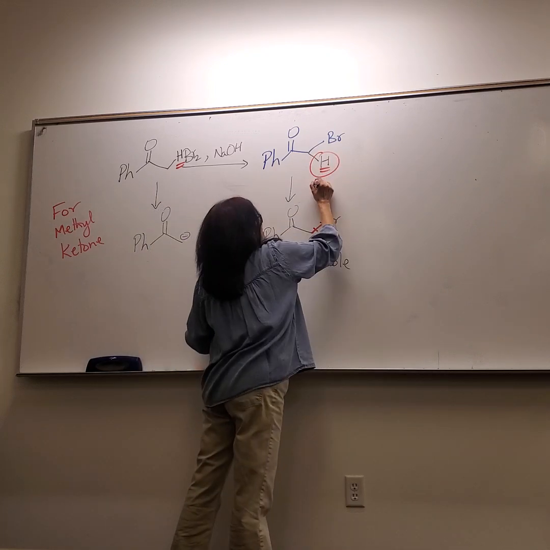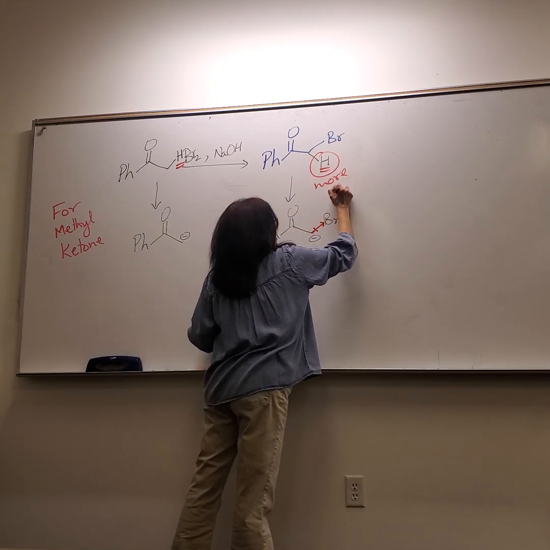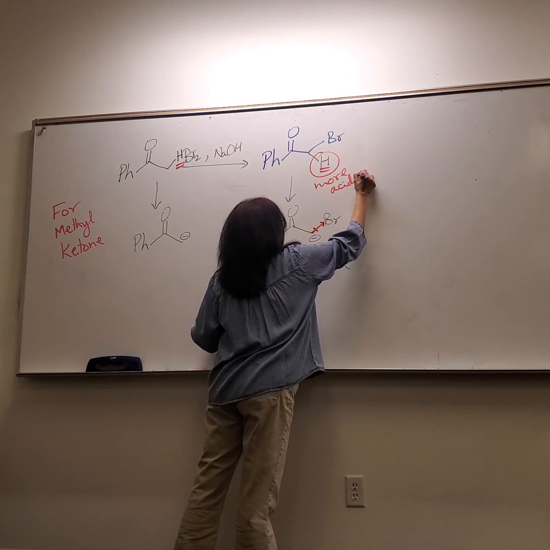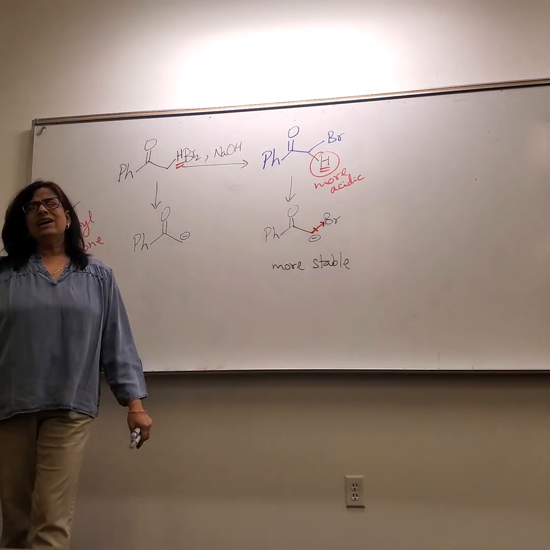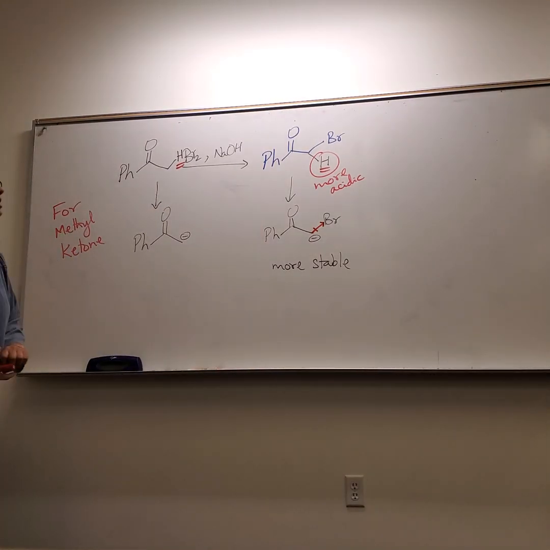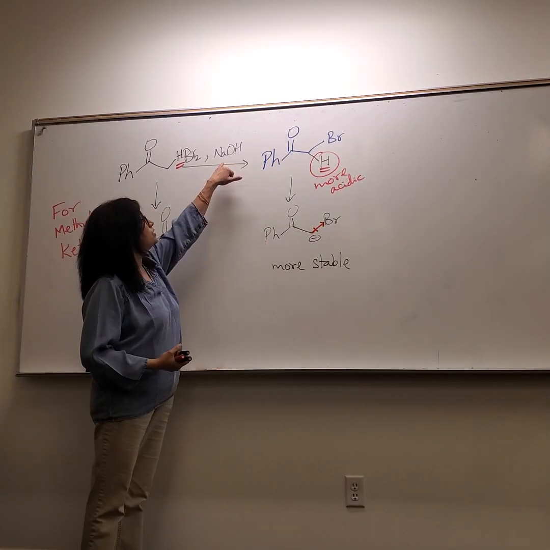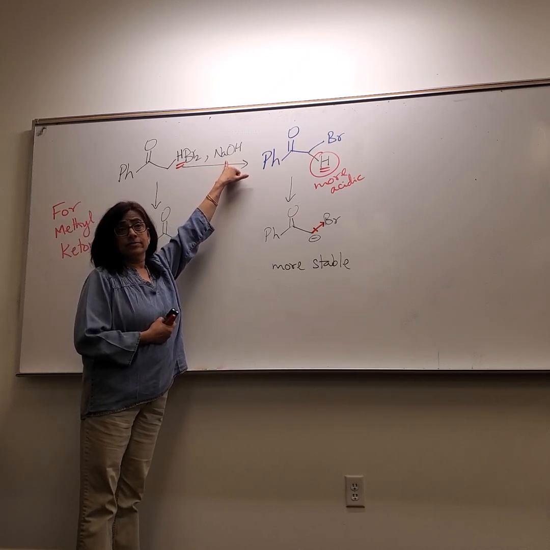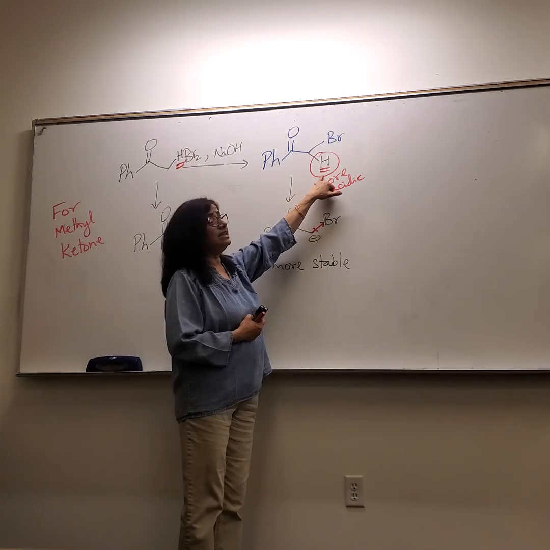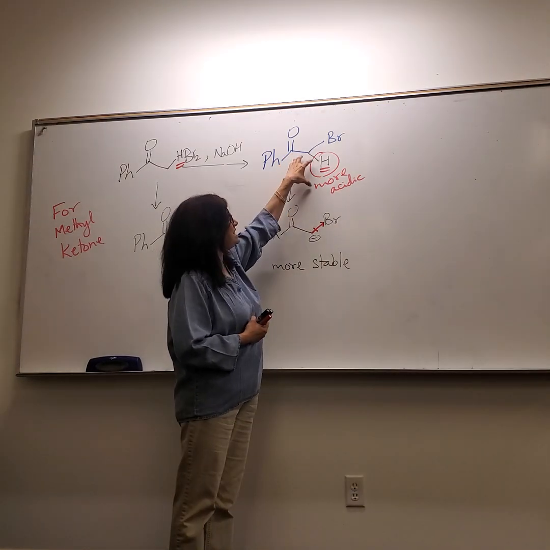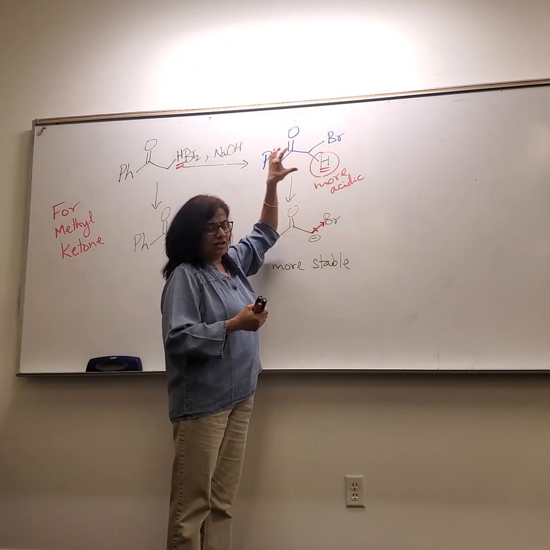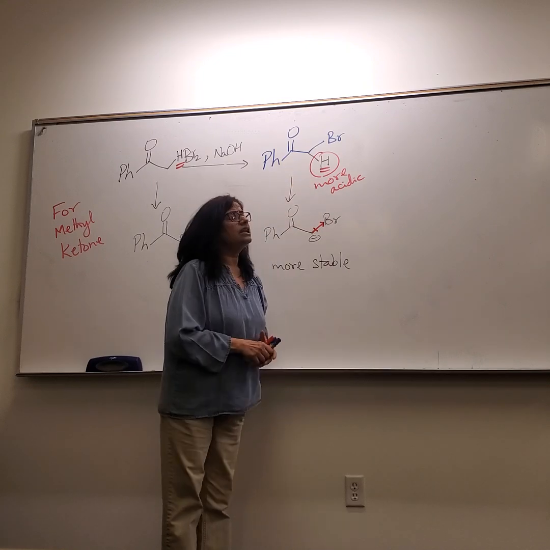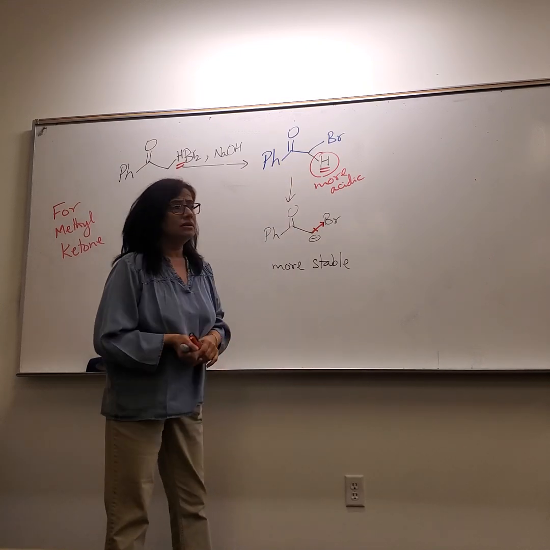Exactly. And that's the challenge here. Do you agree? Everybody okay? Why is that a challenge? It is a challenge because what do we have in the reaction? A base. So as soon as the product is created, can it exist like this? No. As soon as the product is created, what will happen?